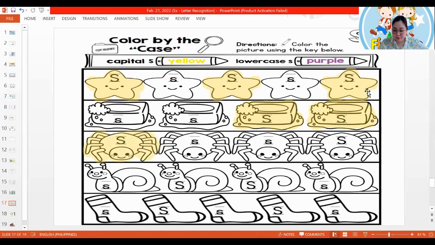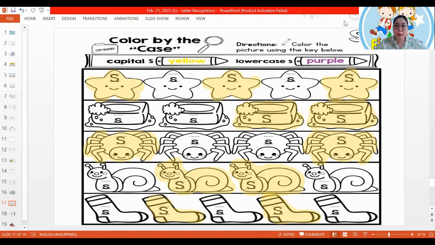We have 2 capital letter S spiders. Two capital letter S snails. And 2 capital letter S socks. So we found all the capital letter S.